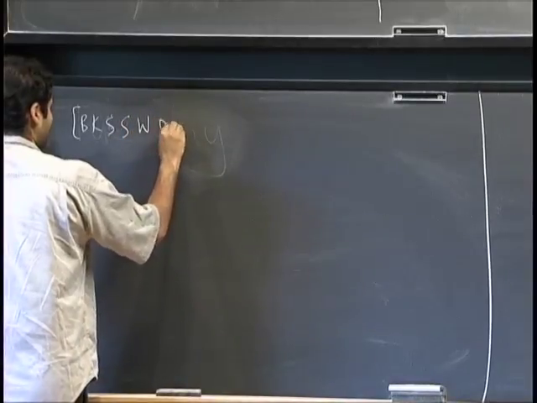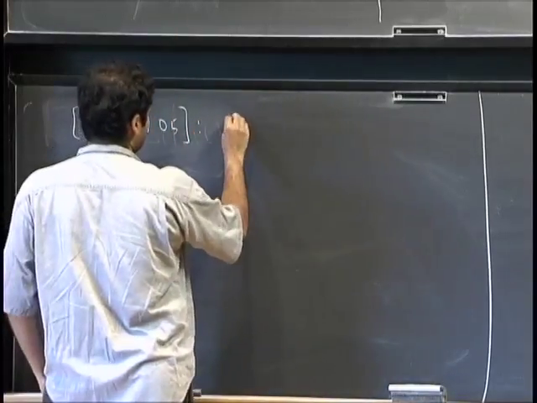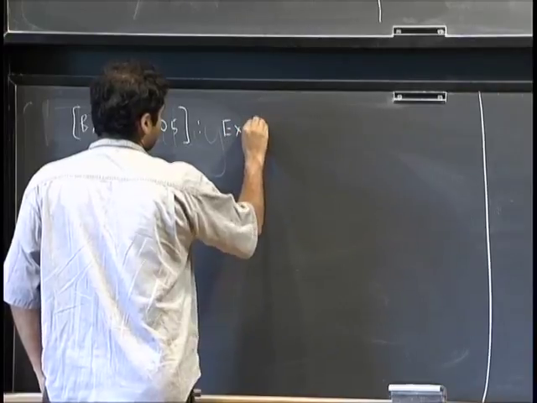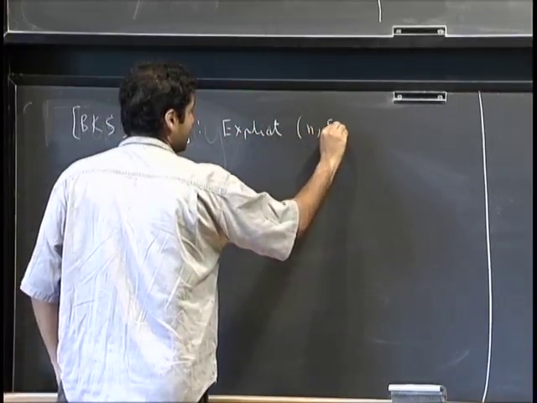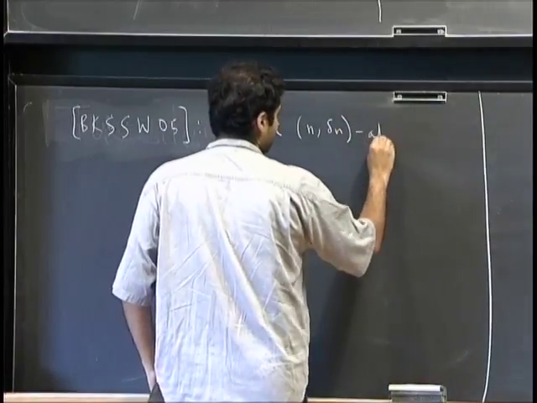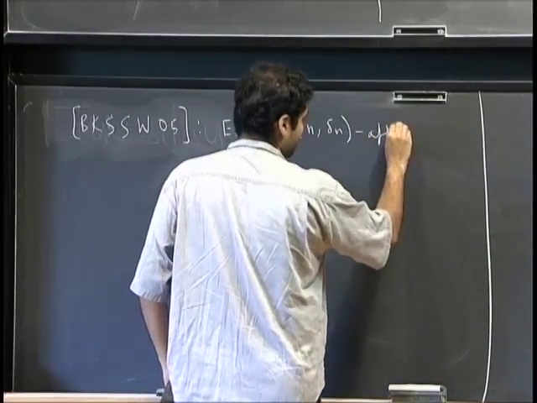Barak-Kindler-Shaltiel-Sudakov-Wigderson in 05 gave explicit n^delta affine dispersers for any constant delta greater than 0.